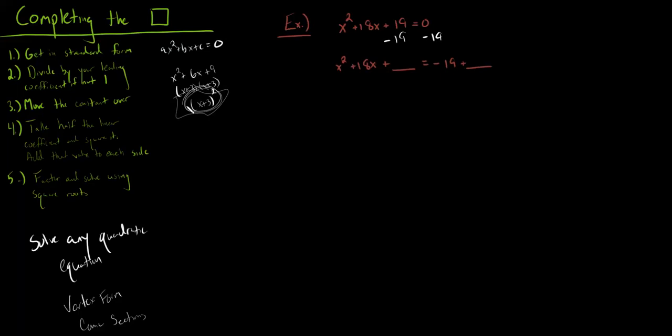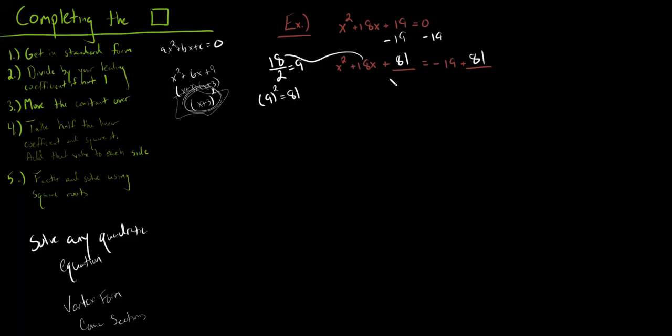Now to create that perfect square, we have to take half of the linear coefficient. So we're going to be taking half of 18, and that gets us 9. Now we take that 9 and we square it to get 81, and we add that value to each side.